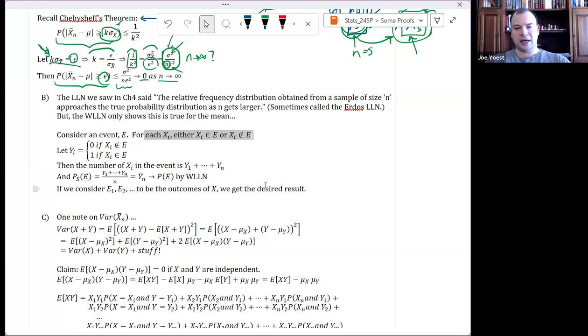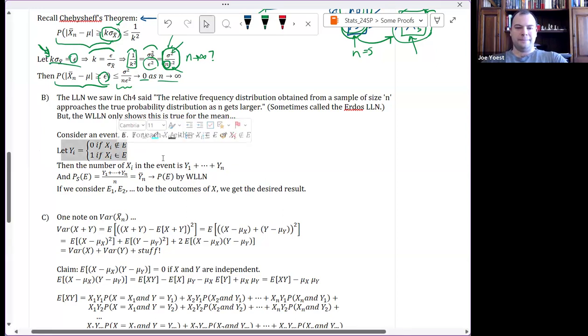I think we can agree with that. And let's make a new random variable called yi. Yi is 0 if xi is not in the event, and it's 1 if xi is in the event.